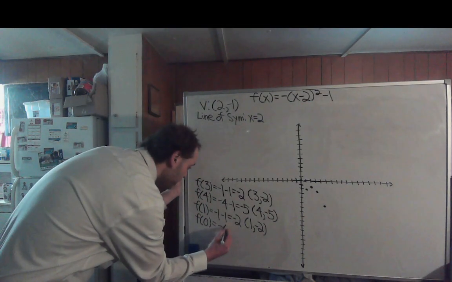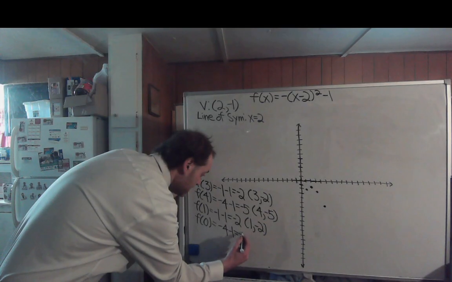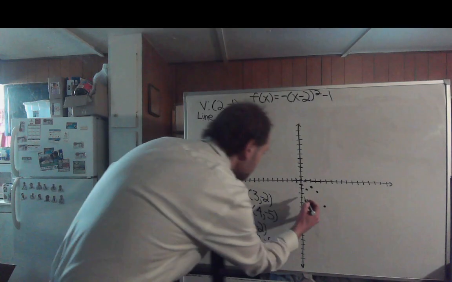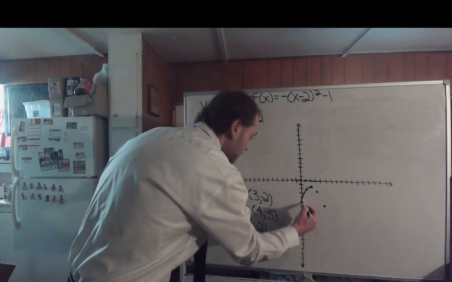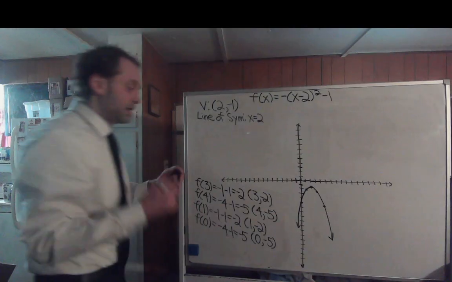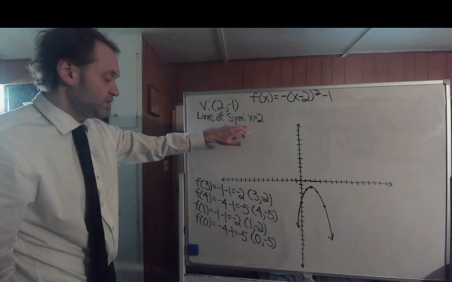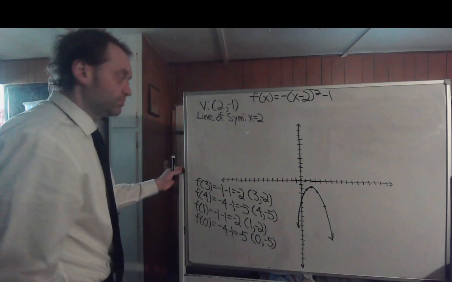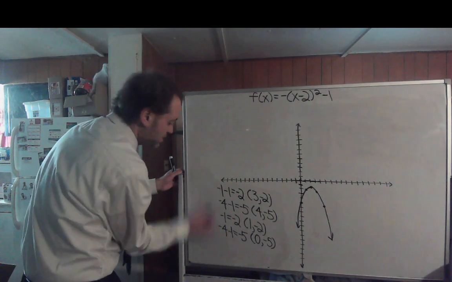That would give me negative 4, then minus 1. Well, that would end up giving me negative 5, so I'll get the point (0, -5). So (0, -5) can be found there. Now I have sufficient points to plot my parabola. And there's my parabola with a vertex at (2, -1), line of symmetry at x equals 2, and all the other points. I think we'll do one more of these, then we'll move into intercept form.